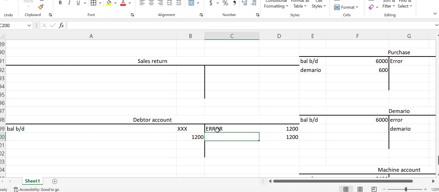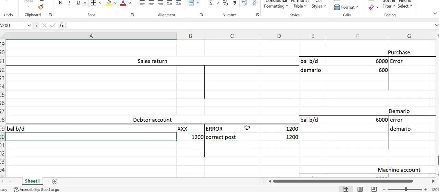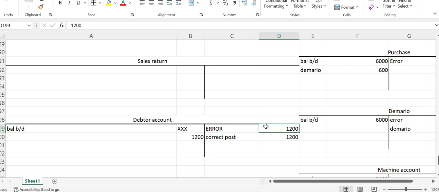Okay, correct posting. I want you to get this well. This amount of 1200 was debited instead of credited. So the first 1200 will be to cancel the error. And then, how about posting the correct amount? Now you post it correctly.